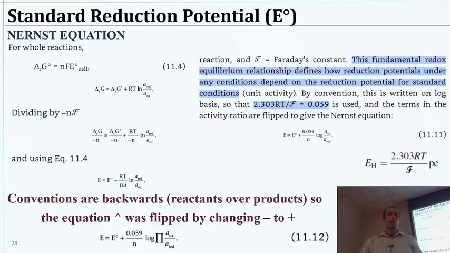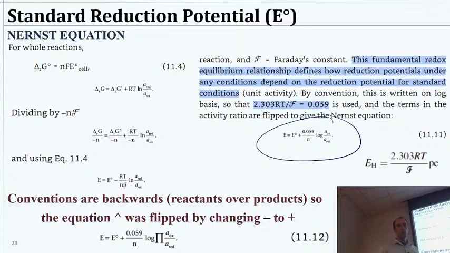If we divide by negative n times the Faraday constant, we can simplify this and convert this into the electrical potentials. So we'll end up with this guy, which substitutes, and we get the electrical potential is the standard electrical potential minus RT divided by nF times natural log of K. So the deal is, conventionally, we have this negative here, but then we can convert it to a positive because this was described as reductant over oxidants, but we can flip that and get this final form over here with a plus.